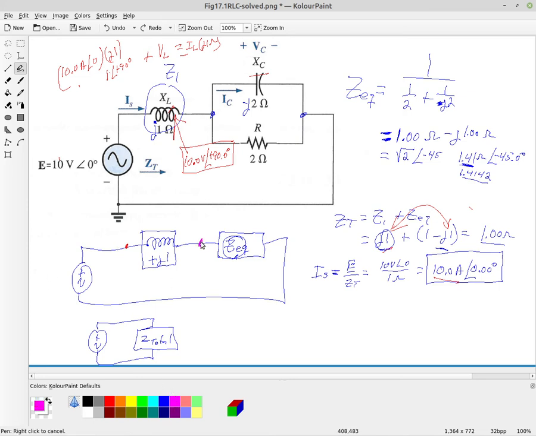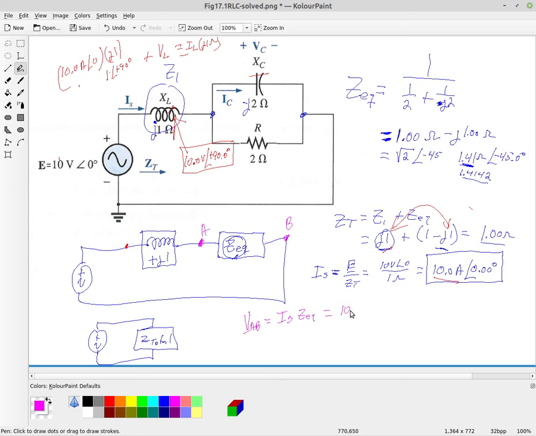As we did before, we had points A and B here. We can calculate VAB, as we did before. VAB is the supply current times this equivalent impedance, looking at this equivalent circuit down here.